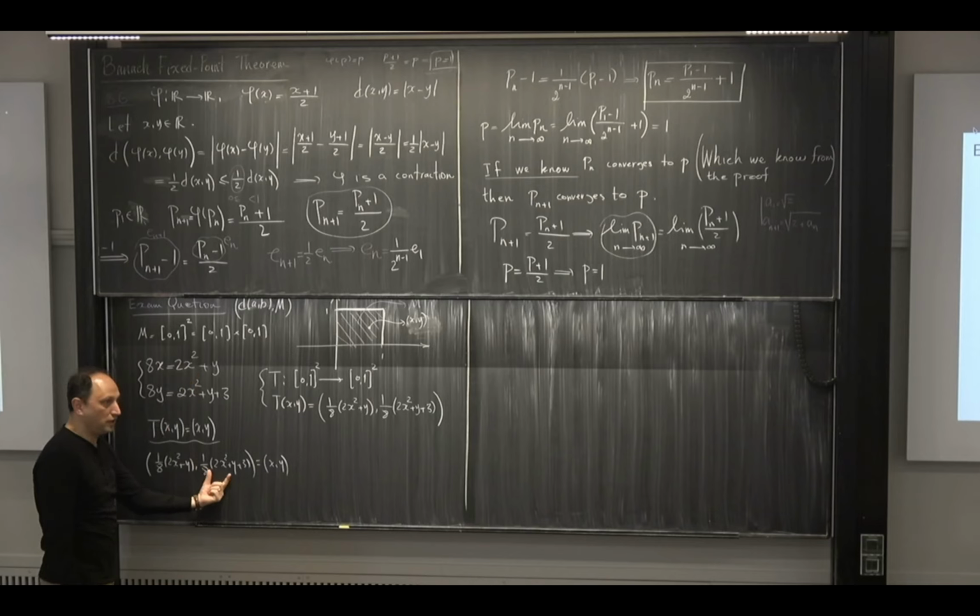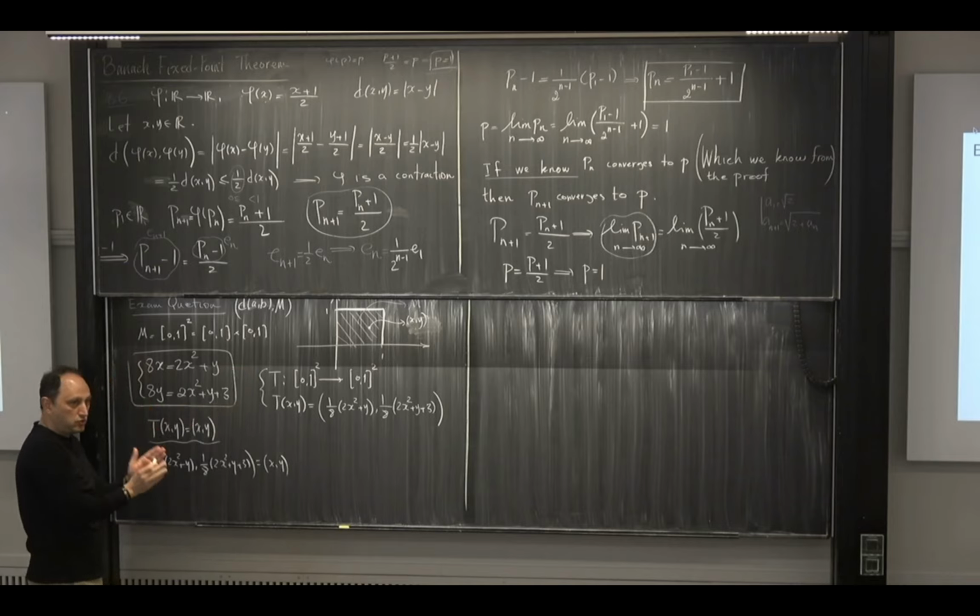And the second one is y, which when you multiply by 8 gives you the second equation. So this system had nothing to do with the Banach fixed point theorem. But one way to look at finding the solution to this is through the Banach fixed point theorem.